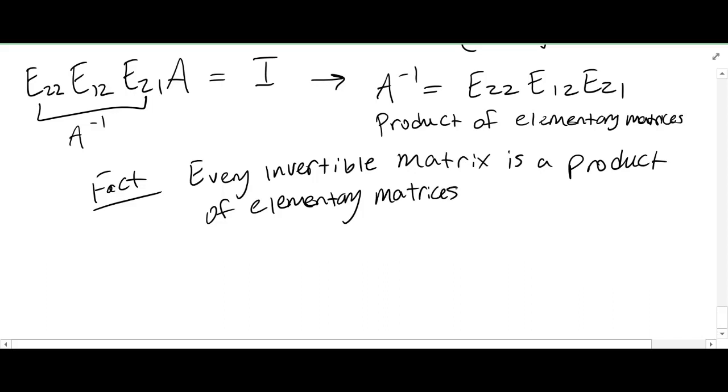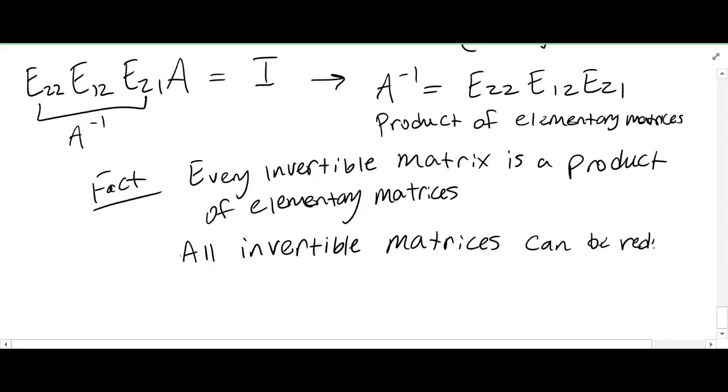Basically, that's Gauss-Jordan elimination. And together with that, that means all invertible matrices can be reduced to the identity matrix. So that's one way to identify if a matrix is invertible or not. Every invertible matrix can be reduced to the identity matrix I.